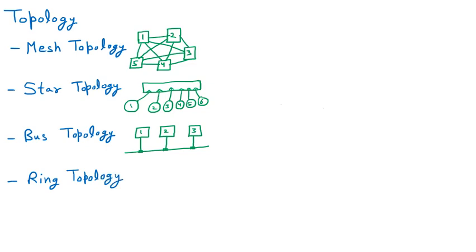Talking about the ring topology, as the name signifies, there is a ring through which all the computers are connected. So I'm making one diagram to make you understand. Let us suppose that there is a ring, and with this ring all the computers are connected. We can also say that these are the terminals. In technical terms, computers are called terminals.